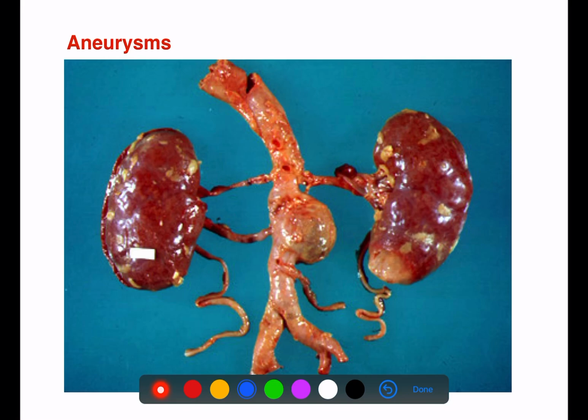Another important degenerative disease within artery is called aneurysm. Aneurysm means dilation of the artery wall due to weakening of the artery wall. As we see in this picture, it is a dilated sac protruding from the main artery.